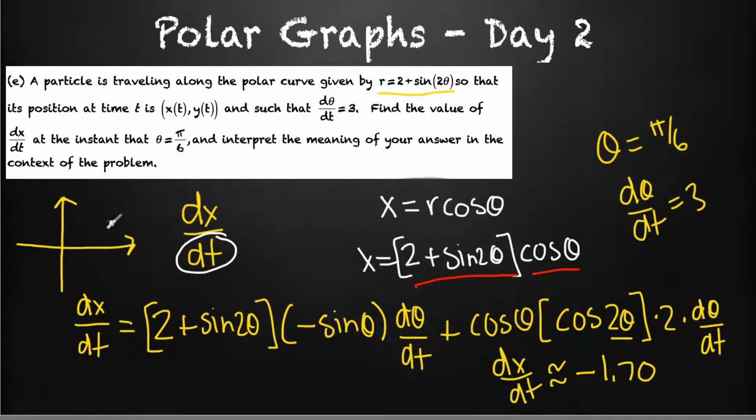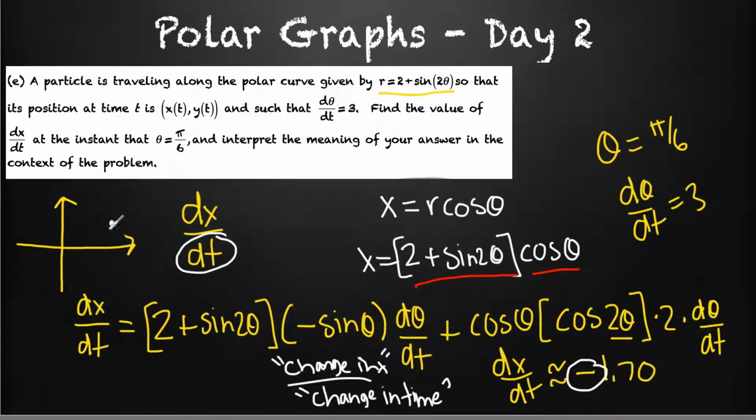So when the particle is at this point, dx dt, or let's just write it out this way, the change in x as the time is changing. So as time is changing, the x-coordinate is decreasing. It is negative. So that means that the particle is moving in that direction.